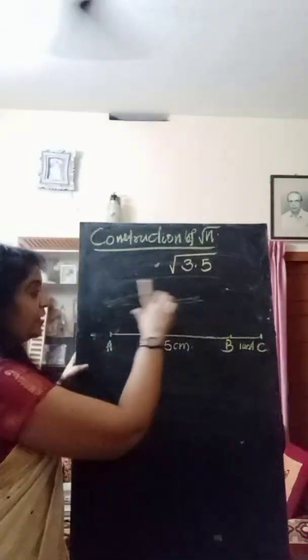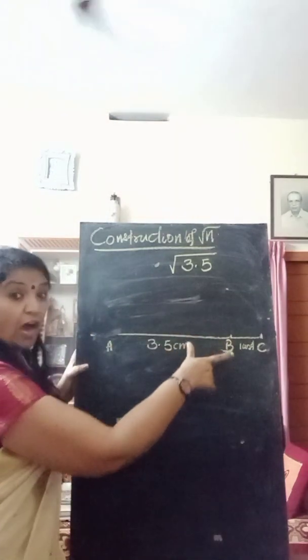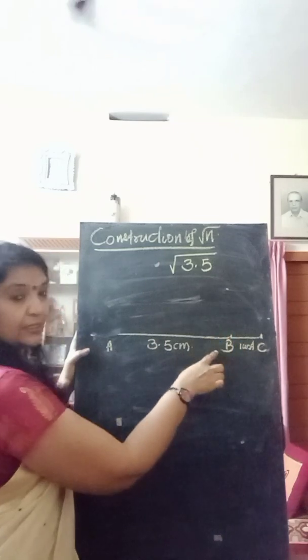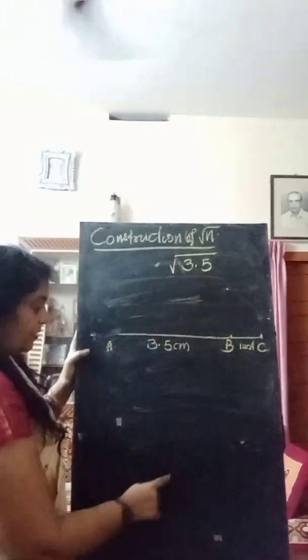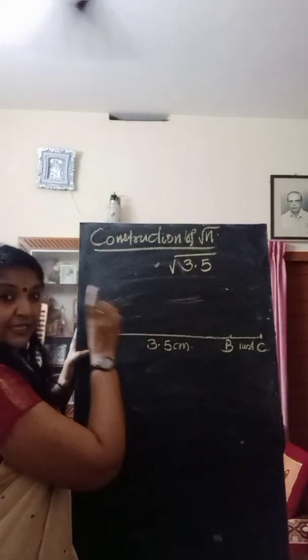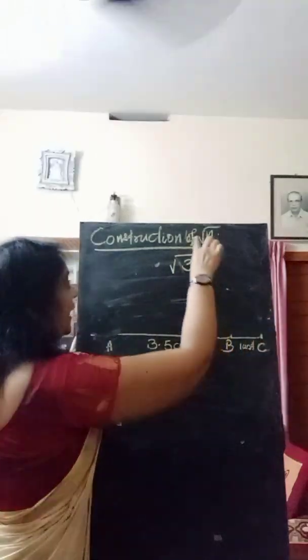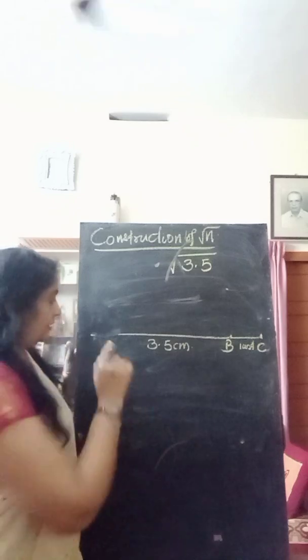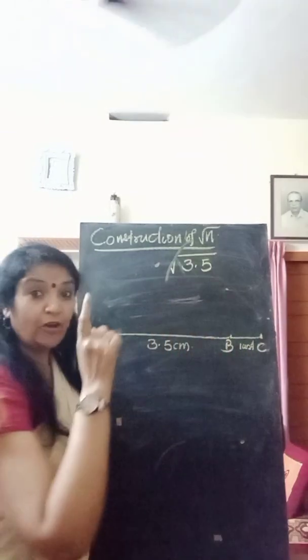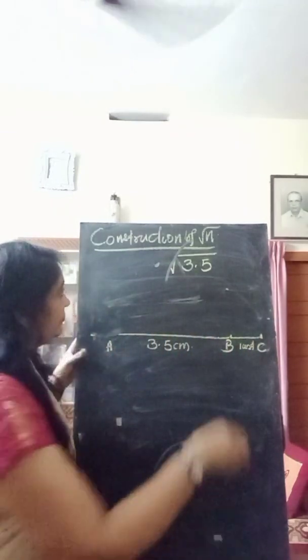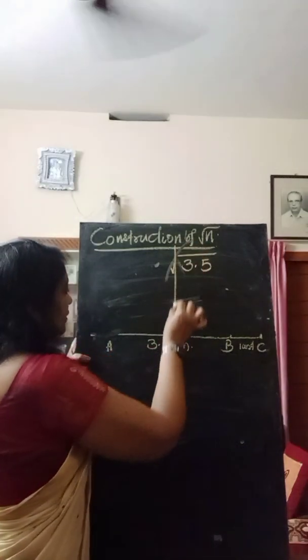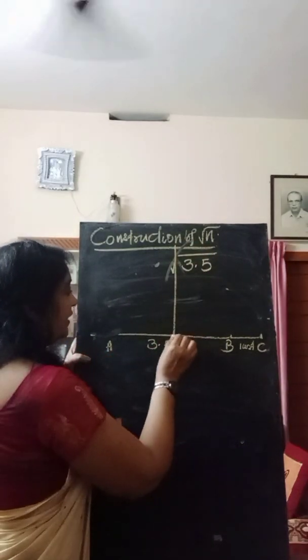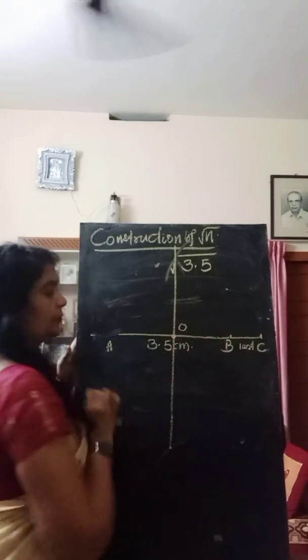So take more than half from the compass. Cut an arc on the top and the bottom from A. Similarly from C, cut 2 other arcs on the top and the bottom. After constructing, join this. You are getting the midpoint O.